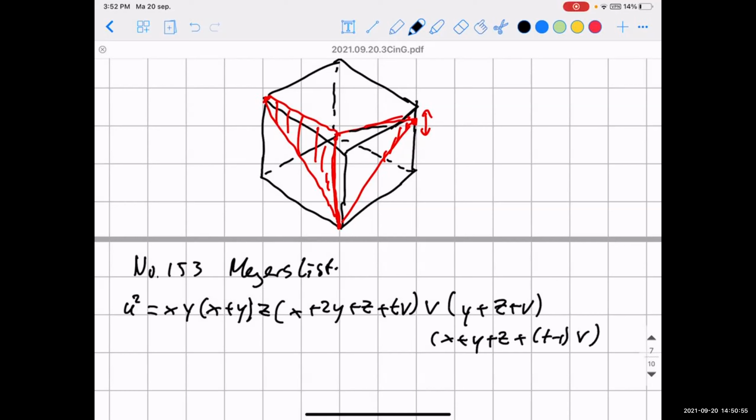So the variables x, y, z, and v are the coordinates for P3. And u is the variable for the double cover. And v is just a homogenizing variable.